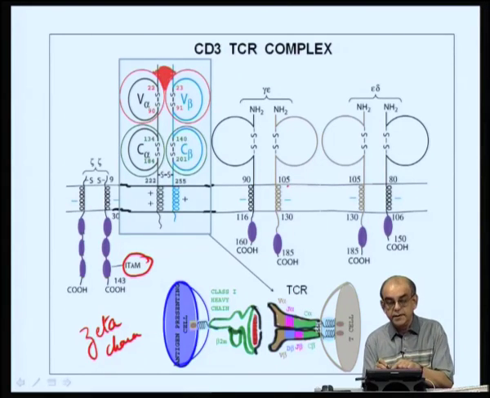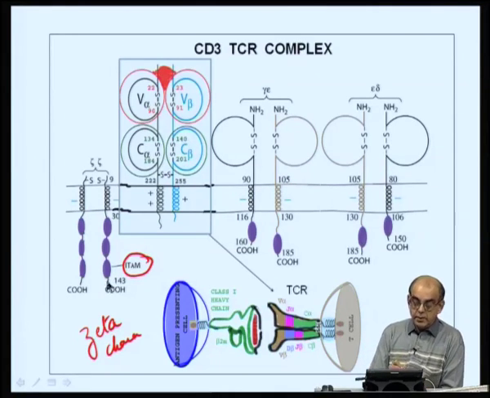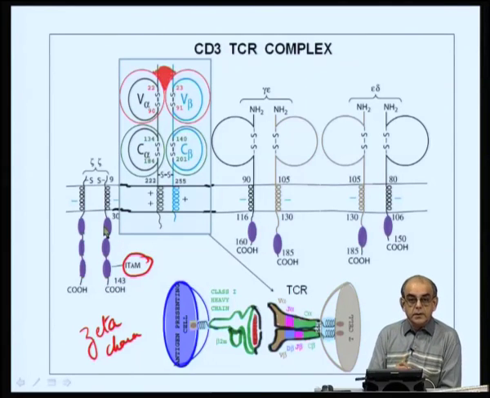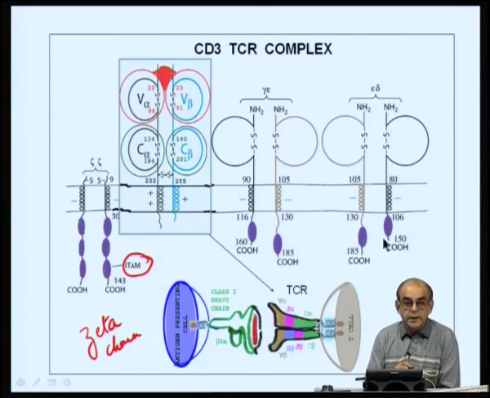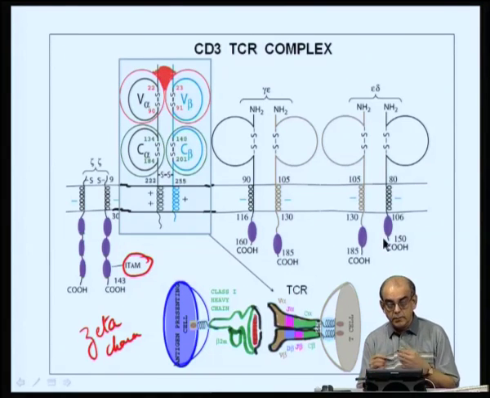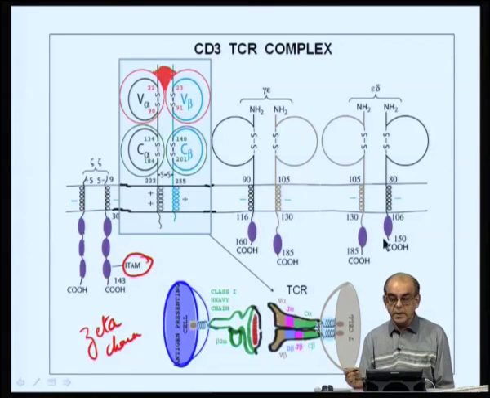They do not associate with these subunits at all. So, basically you have these different motifs that can get phosphorylated, and the more ITAMs that get phosphorylated, the more is the strength of signaling. The more the phosphate, the more the strength of the downstream signaling events, as you will see in the next few slides.